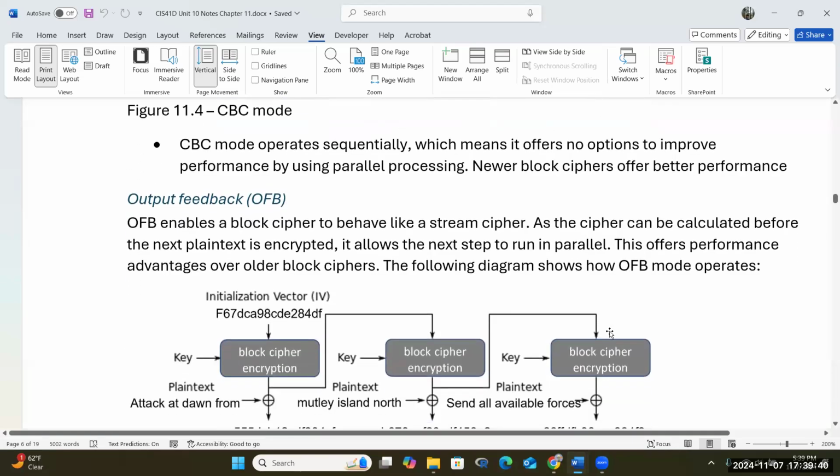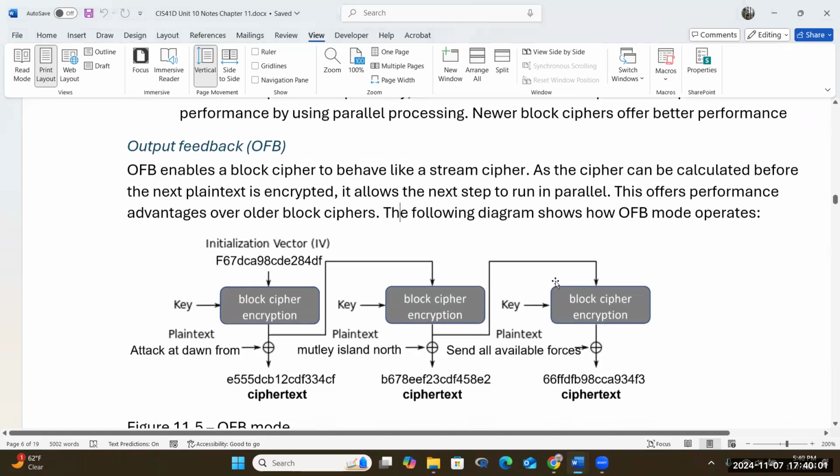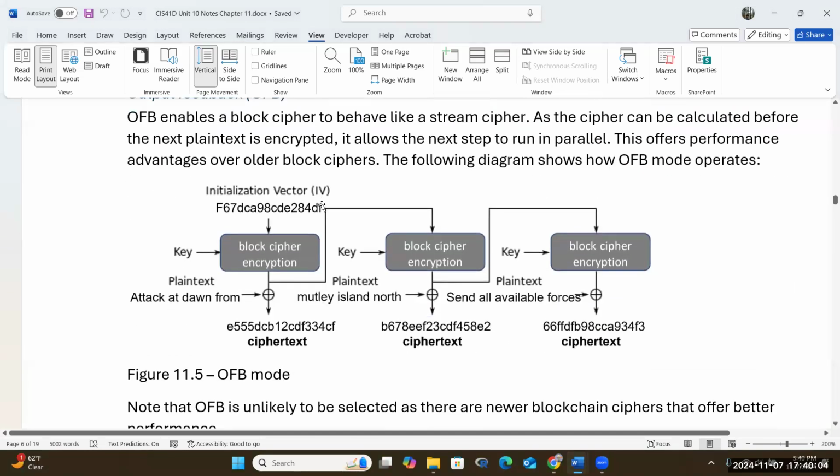All right. Output feedback, your OFB, this is a block cipher and it behaves like a stream. Okay. It's able to do parallel processing, which is faster than what we see with CBC. So performance is advantageous if you're using OFB. So this is what you see.